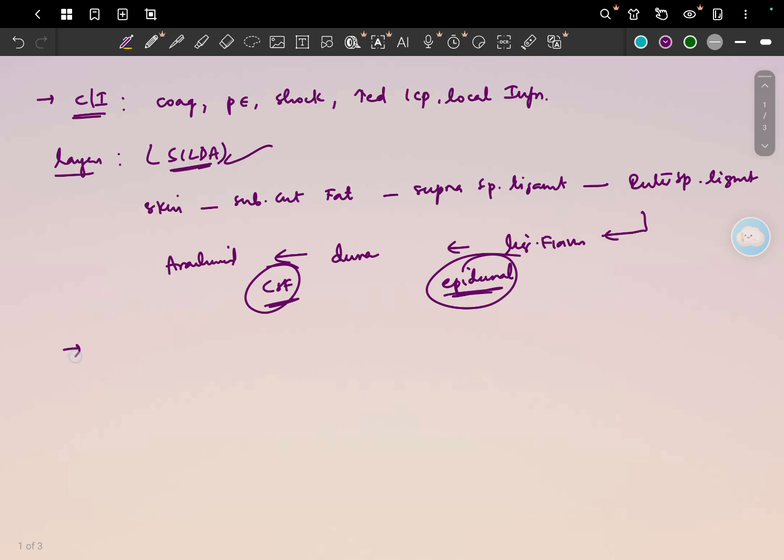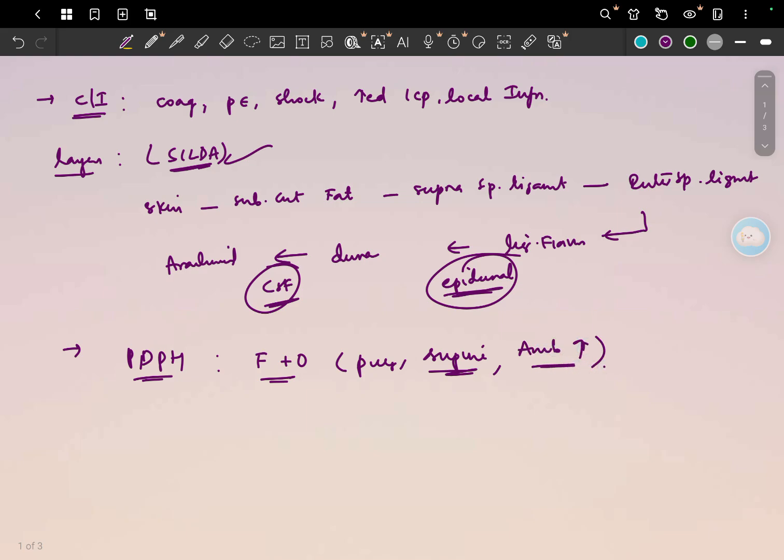Now coming to side effects after lumbar puncture. We have post-dural puncture headache. This is usually a frontal and occipital headache, and it is seen more in pregnancy, and it is decreased in the supine position, and ambulation will increase it.